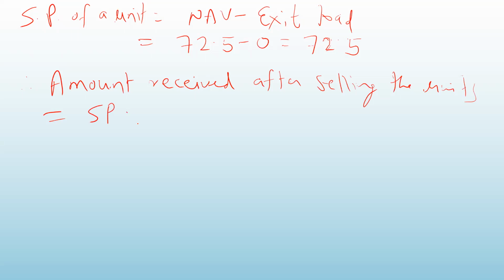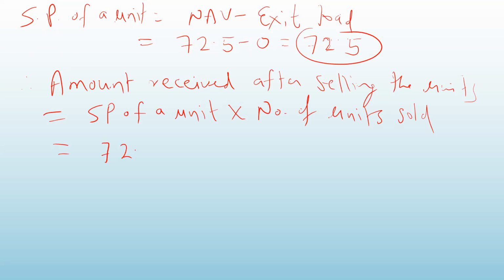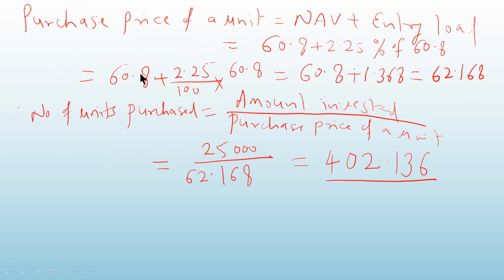Selling price of a unit. What was the selling price of one unit? Multiplied by number of units sold. This is how you calculate the amount received. So selling price of 1 unit is this much, 72.5. Correct? And how many units were there? Here we have found out the number of units, 402.136.